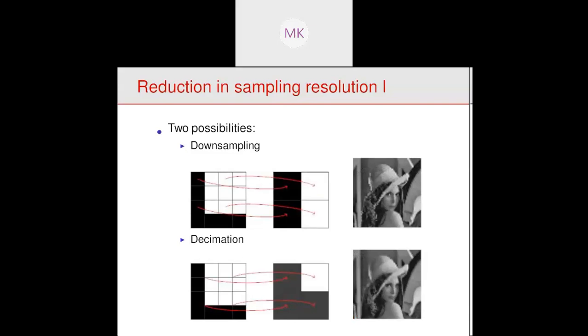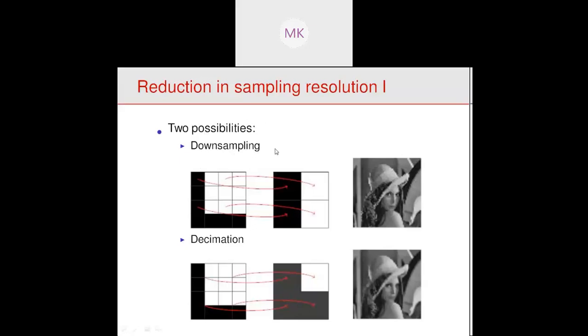In case of upsampling, we increase the size of the image. In case of downsampling, we reduce the number of pixels per unit distance. In case of decimation, we compress the given image. So two possibilities have been considered with respect to reduction in sampling.